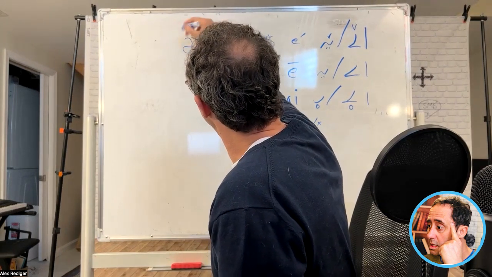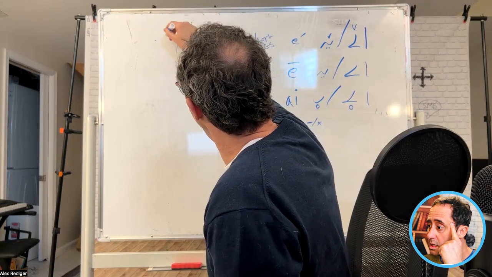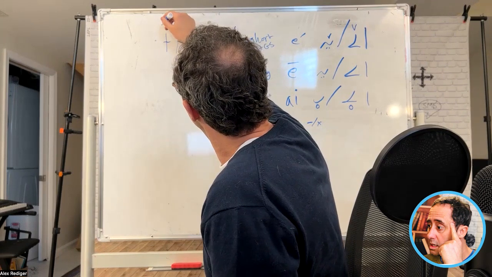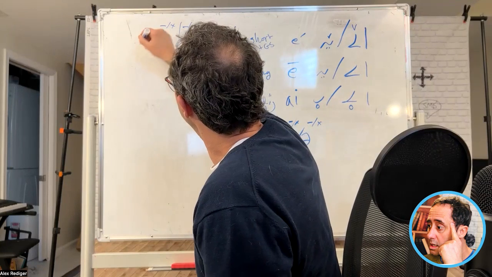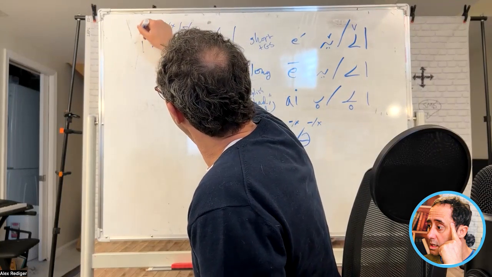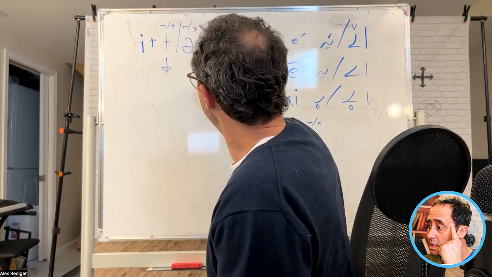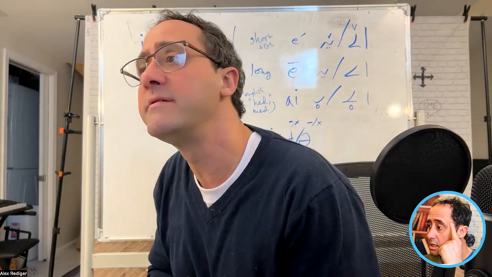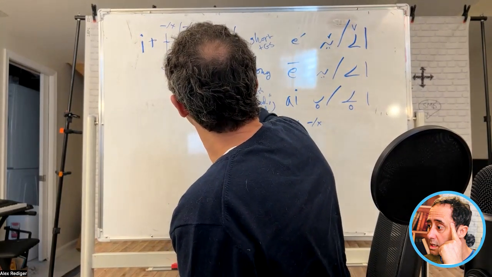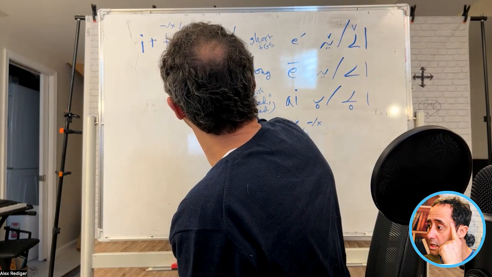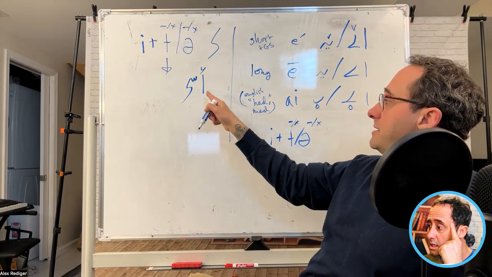schwa. The schwa is shown here. Long or not, or this. Long or not, plus I. So what's the example they give? Us. I just explained this in the other video.